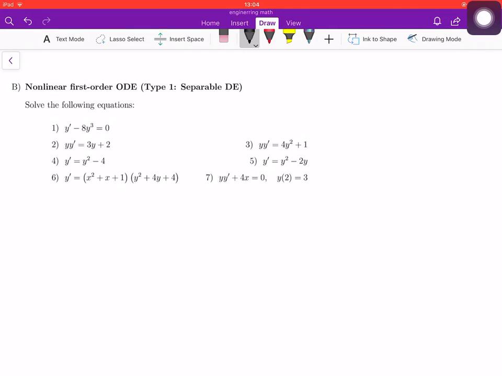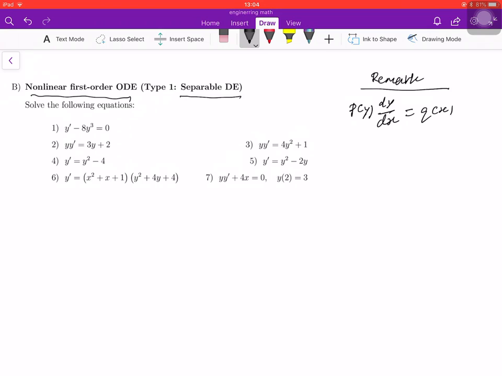Okay guys, let us discuss the questions B, nonlinear first ODE, and type 1, separable differential equations. A differential equation that is separable has the form P(y) dy/dx equal to Q(x).